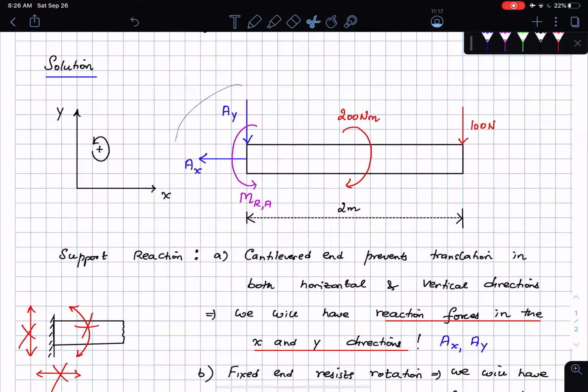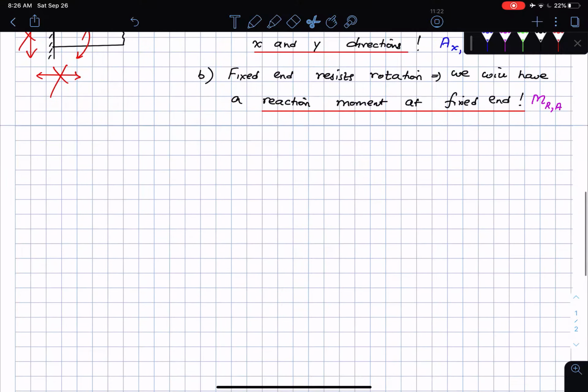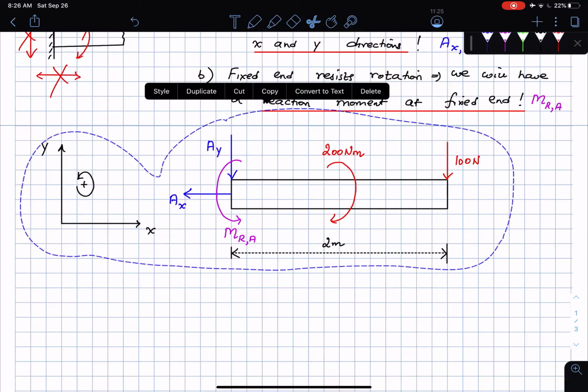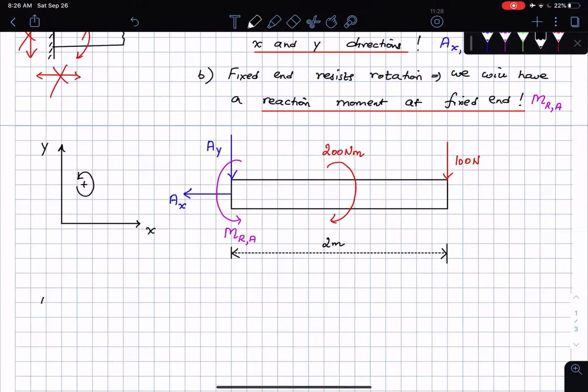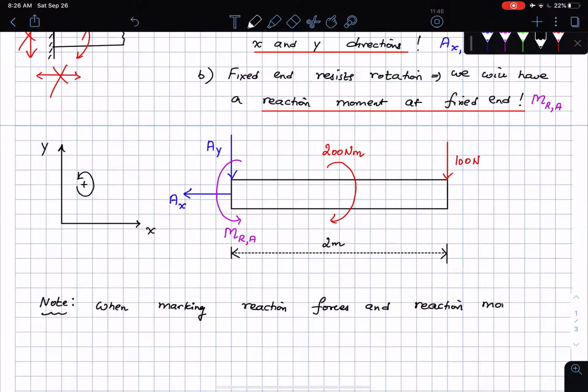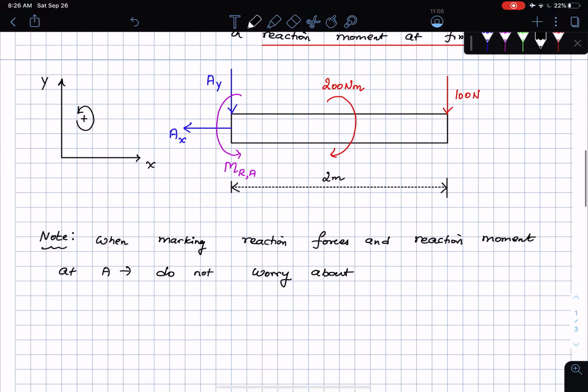I want to copy this figure, all of these things, bring it onto the next page, and make a small note. Note: when you're marking the reaction forces and reaction moment at A, do not worry about the direction.